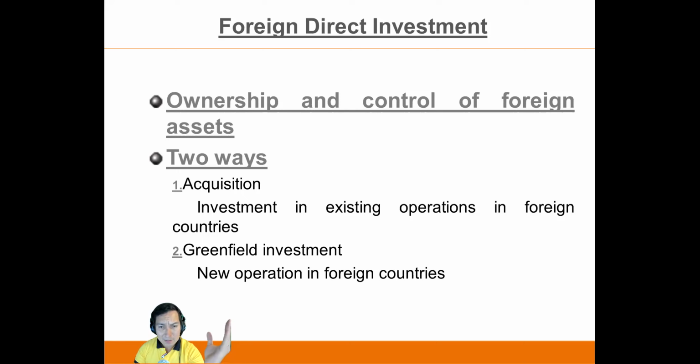You would buy an existing company, another manufacturer, another retailer, another software company, or you would invest in an existing operation, or you would start your own company, and it's called greenfield investment. You will start your own branch over there. Those are the two ways to do foreign direct investment.